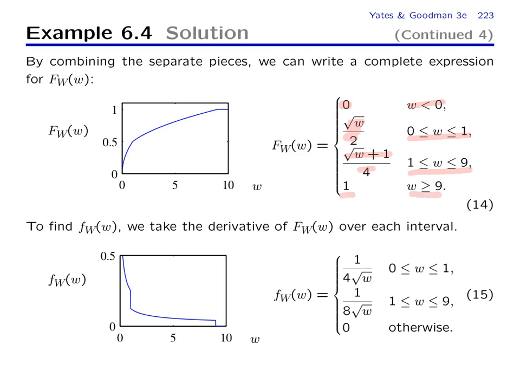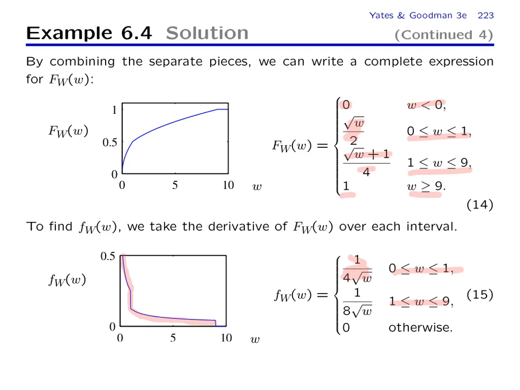If we take a derivative of this piecewise differentiable function, we get two different derivatives: 1 over 4 root W for W between 0 and 1, and 1 over 8 root W for W between 1 and 9. And we see that the PDF of W now has this very funny little bump.